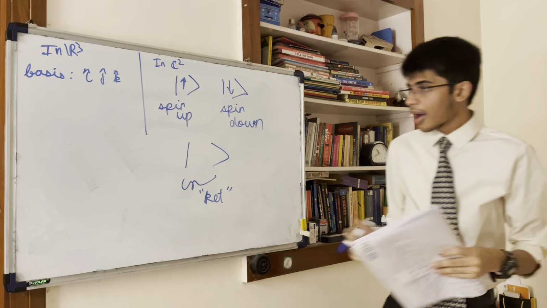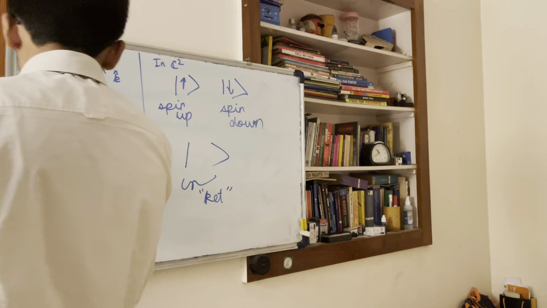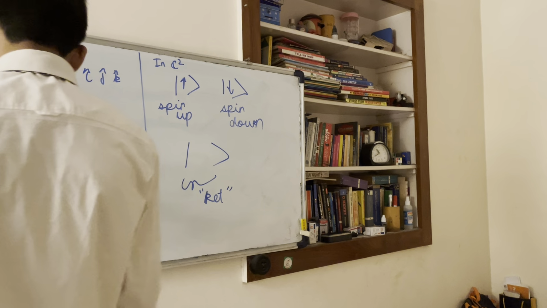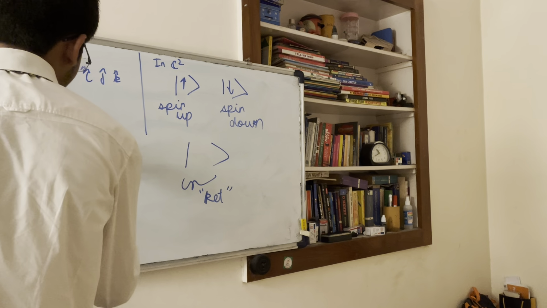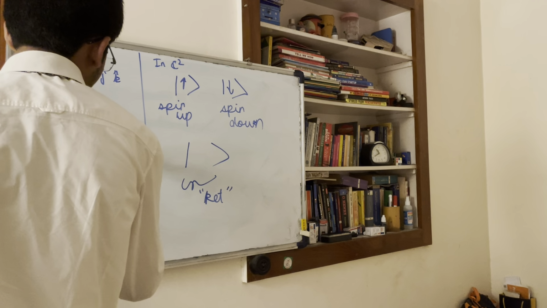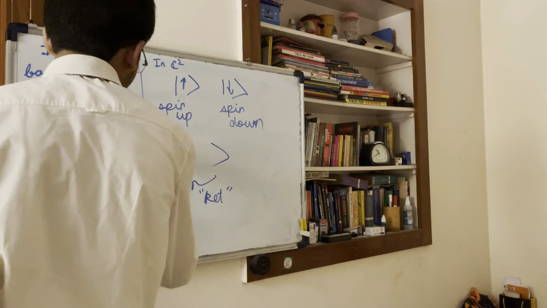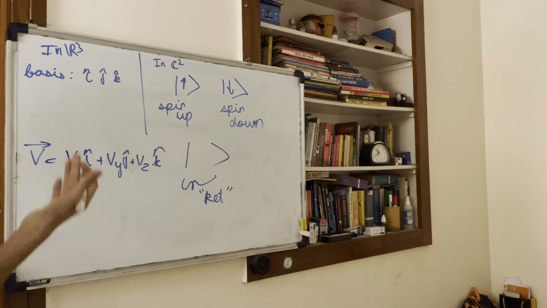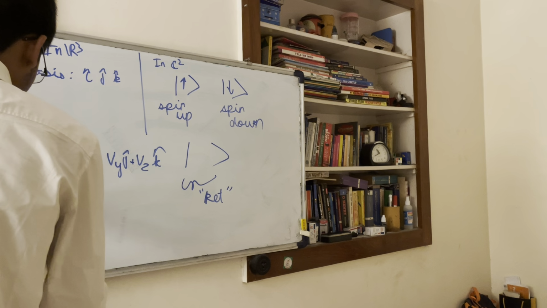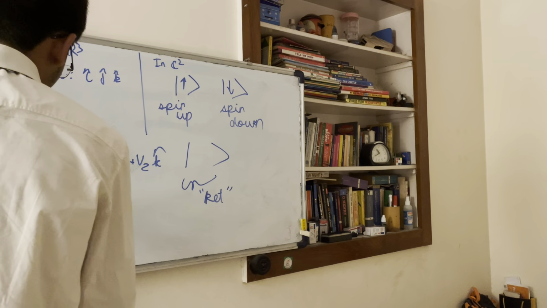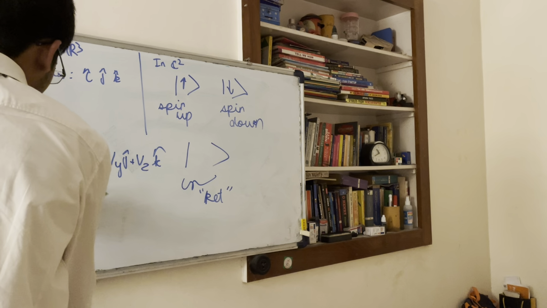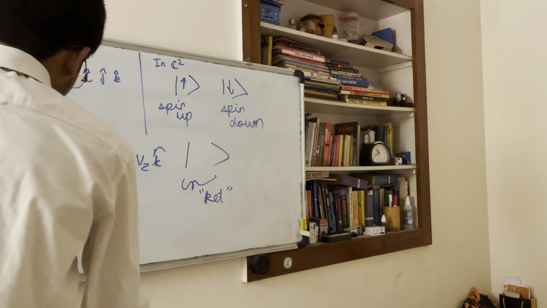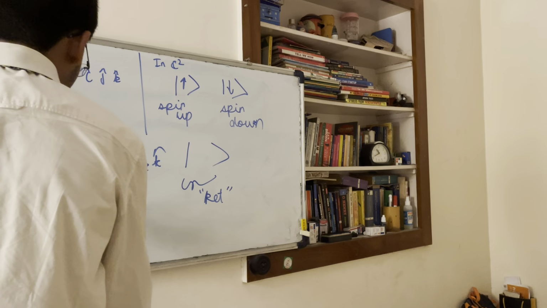So as we said, we have, let's say, a normal real 3D vector. We can write this as Vx i cap plus Vy j cap plus Vz k cap. This is how you denote a real vector. Now a complex spin vector rather, can be denoted by a linear combination.